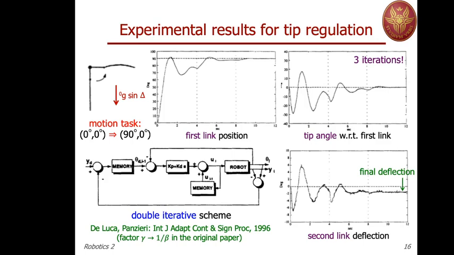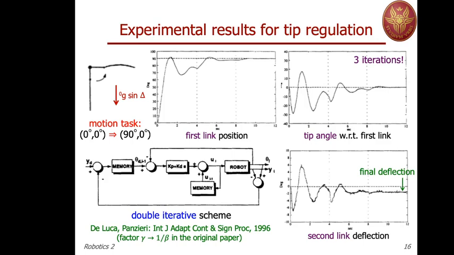Okay? So the double iterative scheme, which is taken from this old paper by myself and a former PhD student who is now a professor at Roma 3, Stefano Pansieri, includes the memory part, so the update from U_{i-1} to U_i with the law that we have seen, the PD control, and everything is closed with reference to a desired position at the base of the robot.